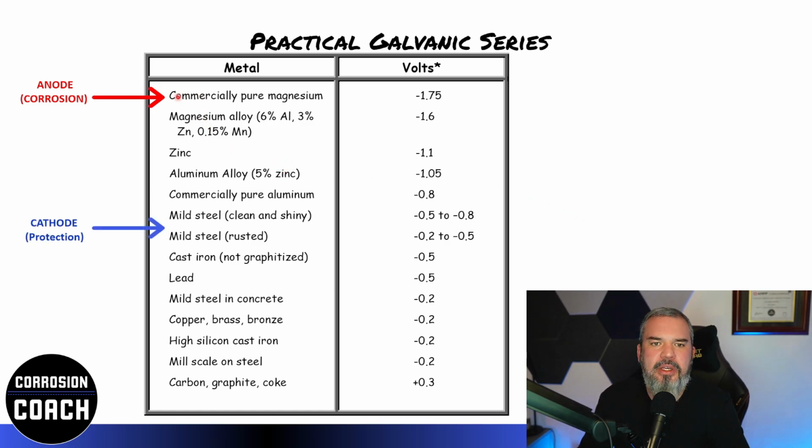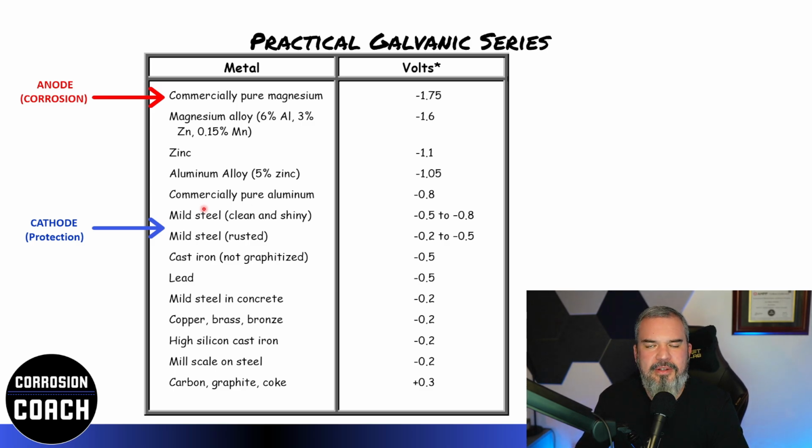Again, why? Because the magnesium is the more active metal. It's the more negative metal. The more negative metal will always corrode to protect the more noble metal. Okay, that sounds pretty good, particularly if I have a carbon steel pipeline. I might find in some cases that I can utilize magnesium to protect or cathodically protect my steel pipeline. That's a good thing.